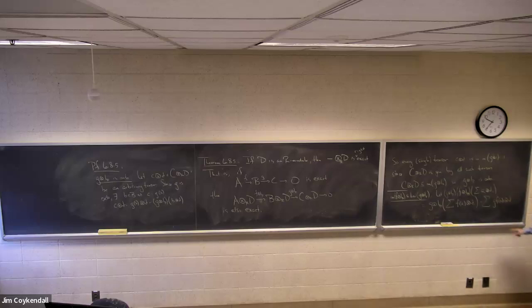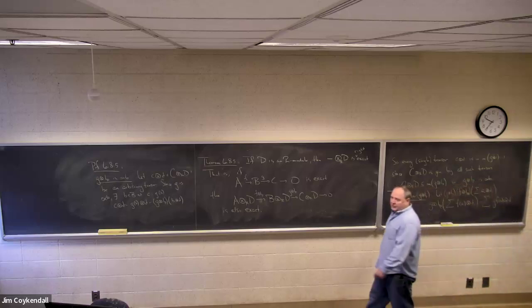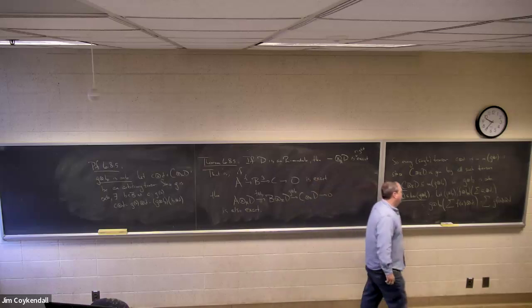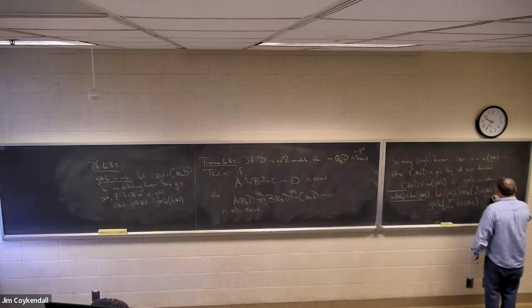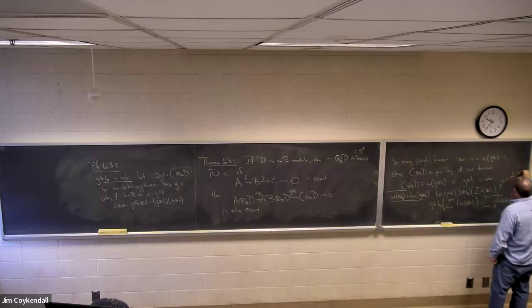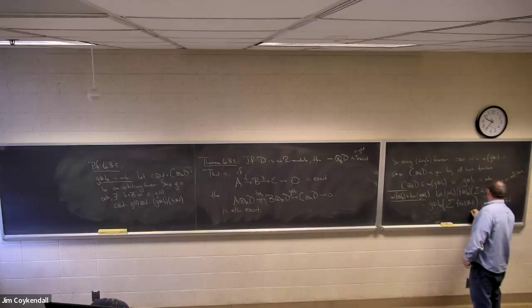Well, what happens when you do F and then G? You get zero because the original sequence was exact. So this thing is zero, as the image of F is in the kernel of G. So this is the sum of zero tensor d_i.